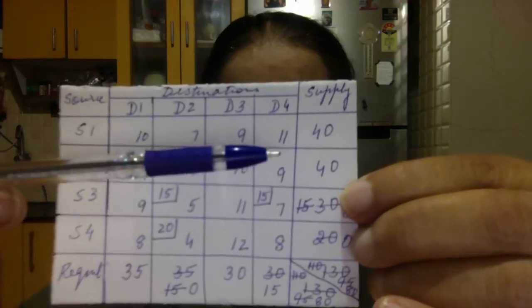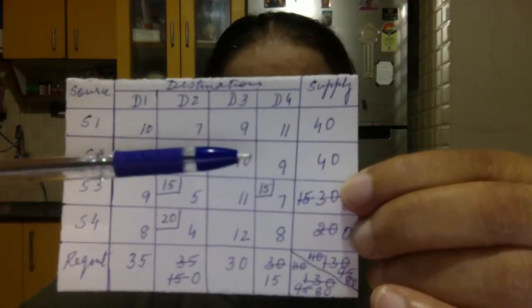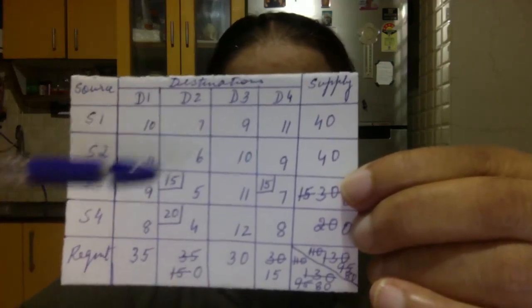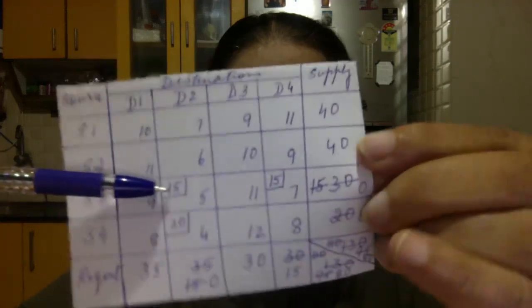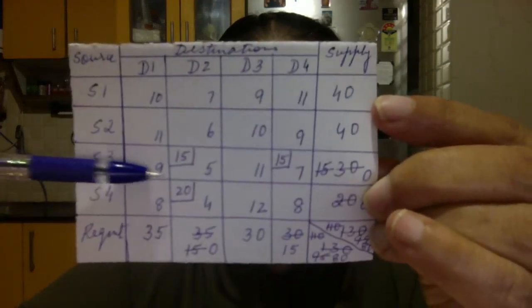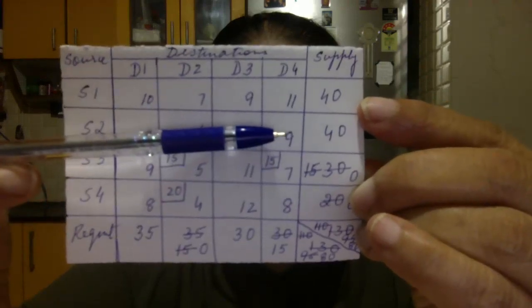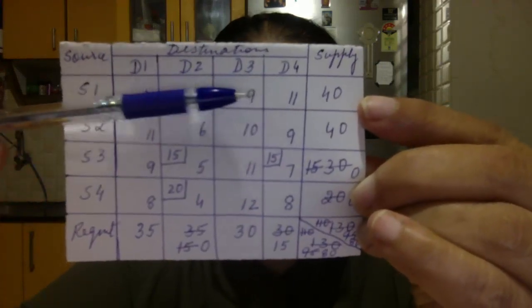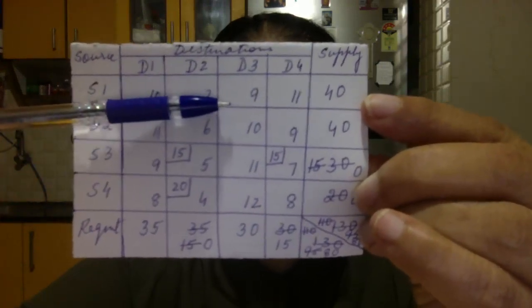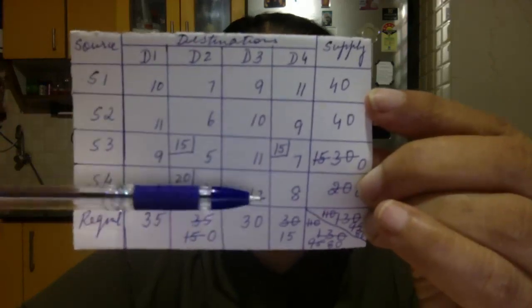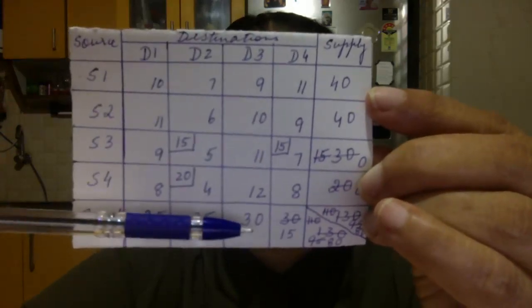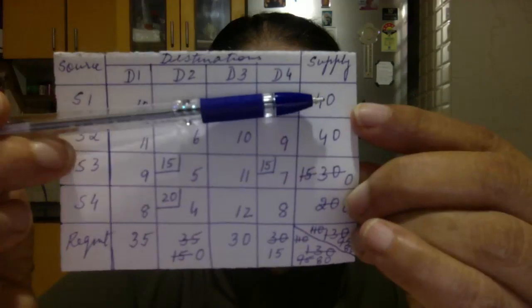So the next one is either this 9 or this 9 or this 9. But this 9 is useless because the supply is 0. So it has to be either this 9 or this 9. We'll take the first 9. S1D3. How much is the requirement? 30. How much is the supply? 40.